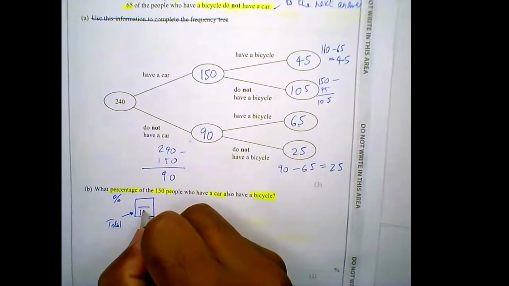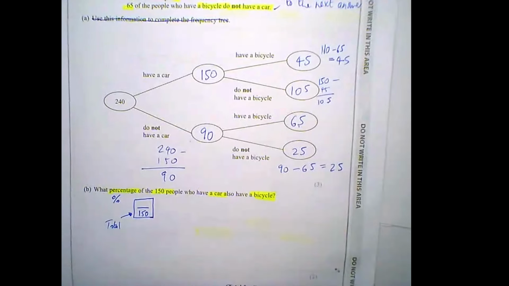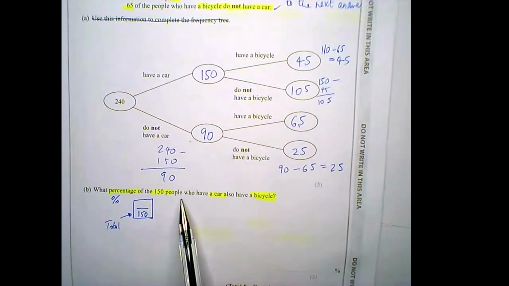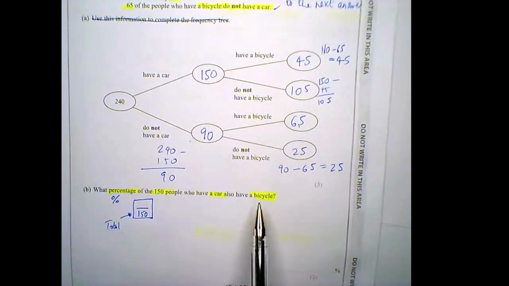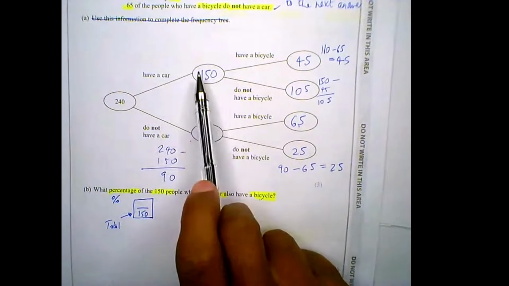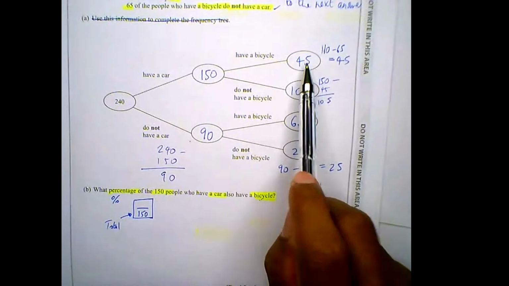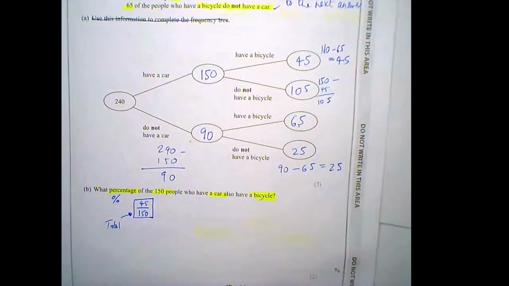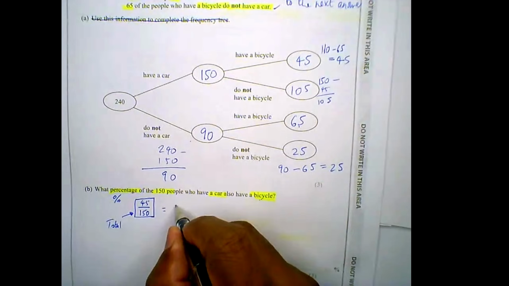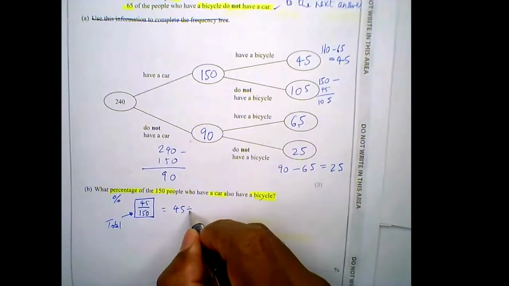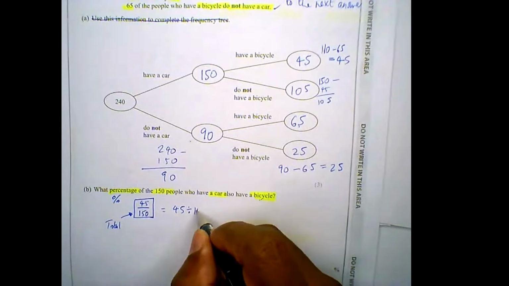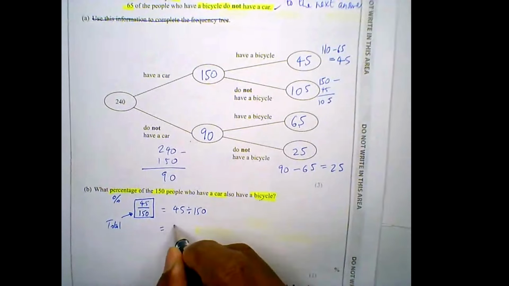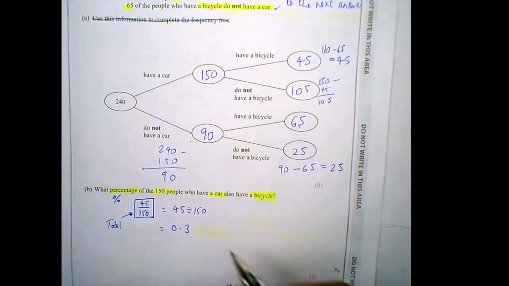And then the next thing I'm going to look at is 150 people who have a car also have a bicycle. So have a car is 150 and have a bicycle is 45. And so now I just put that into my calculator. 45 divided by 150, that gives me 0.3.